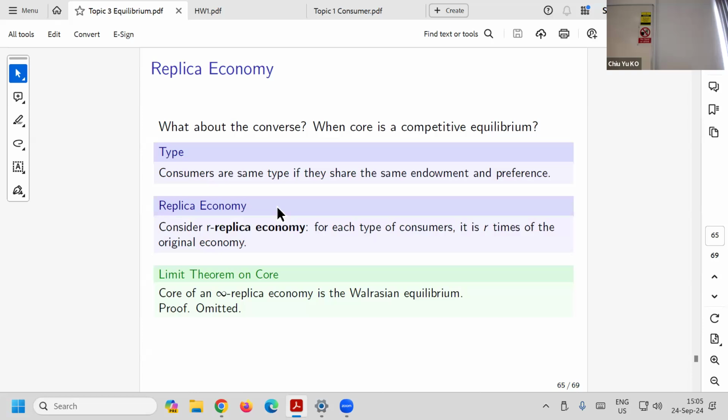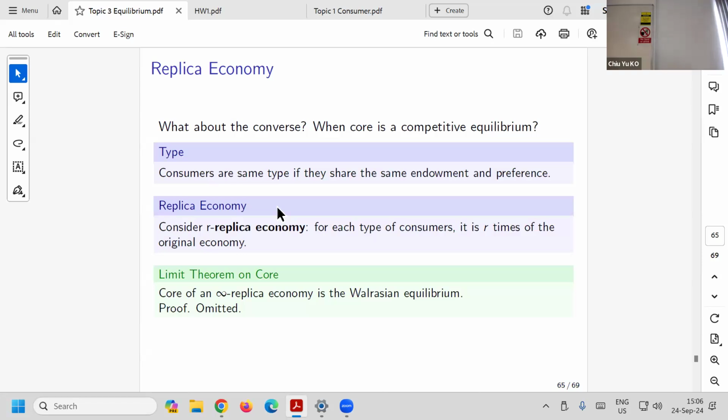We just double us. Make a copy of us. So you have 2 of me, 2 of you, 2 of your friend. That's called a 2-replica economy. A 3-replica economy means 3 copies of yourself, with everything tripled, including endowments.